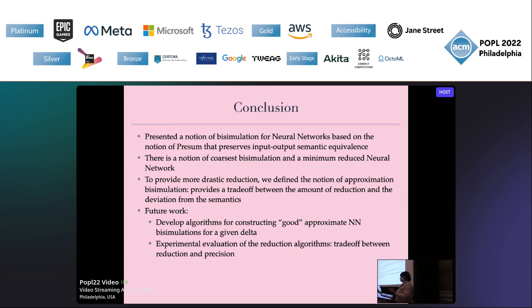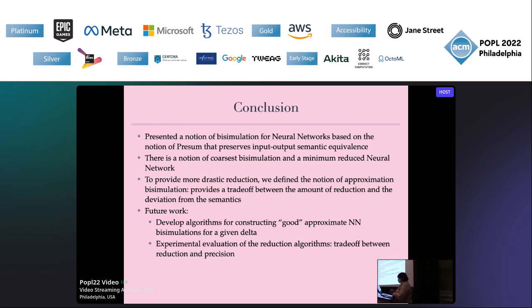And we can, in fact, use an algorithm similar to the bisimulation algorithm to find the coarsest bisimulation. And then we looked at a relaxed notion of approximate bisimulation, wherein we don't get semantic equivalence, but we get this trade-off between how much we want to reduce versus how much deviation we can tolerate from the given system.